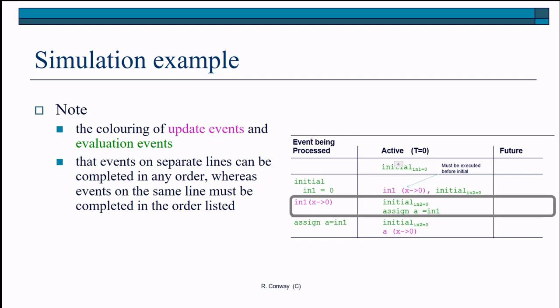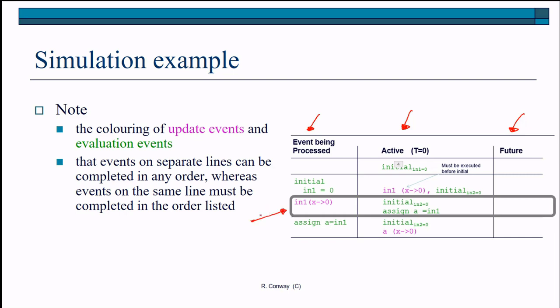We use a table to capture the events that occurred during simulation. The table has 3 columns. We have the active event column, the future event column, and the event that's being processed.